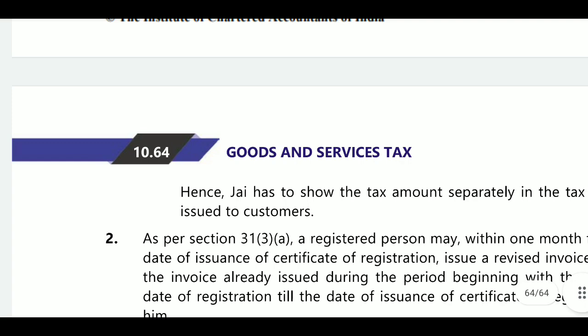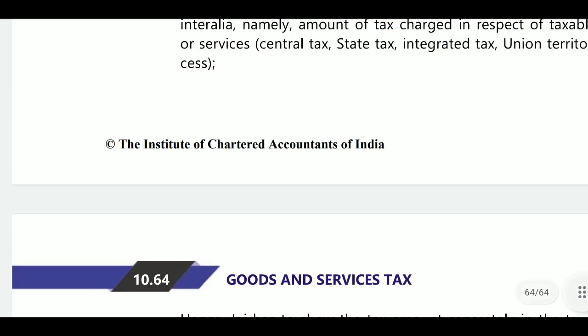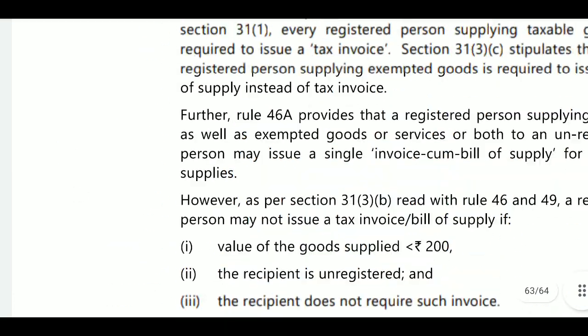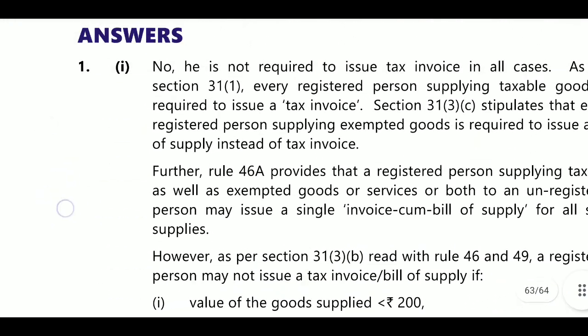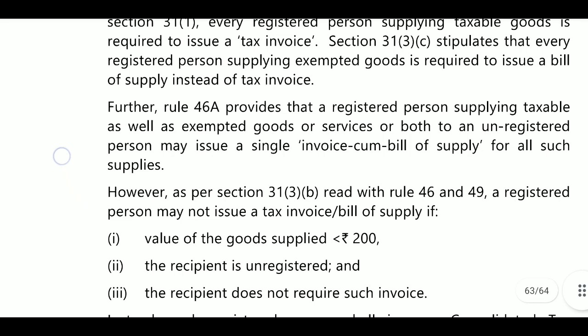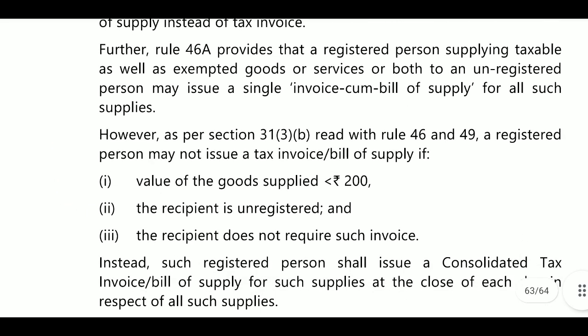And here, as per section 31, in the first case, 3 cases were provided on which invoice has to be issued. In all the cases, a tax invoice will be issued only for taxable goods supplies, and in the remaining cases a bill of supply will be issued.